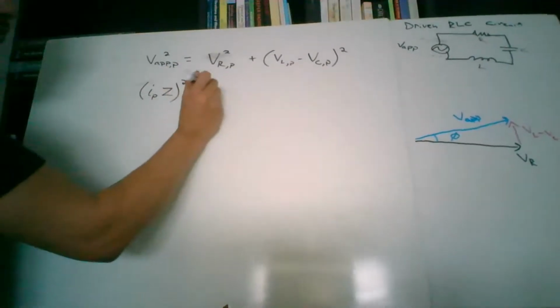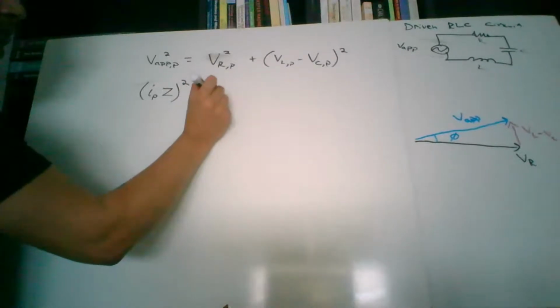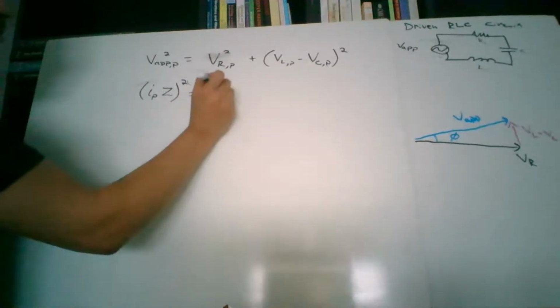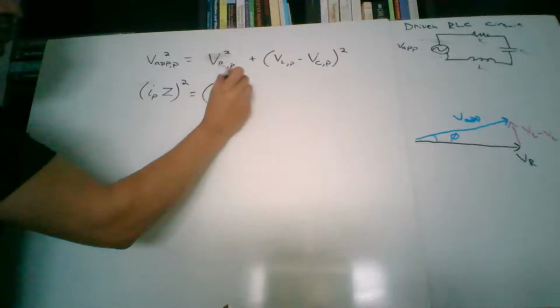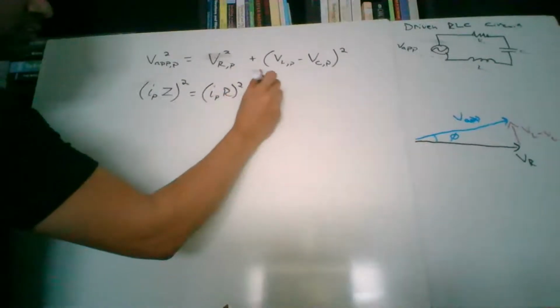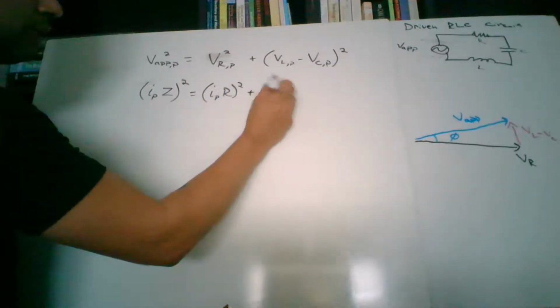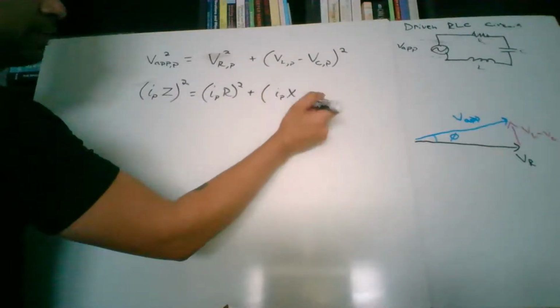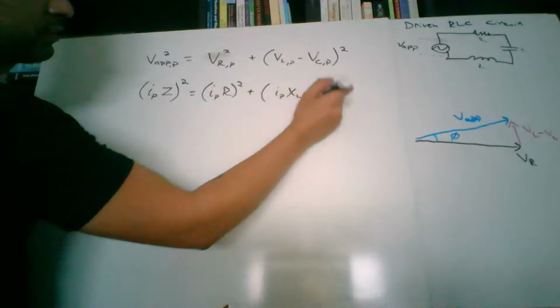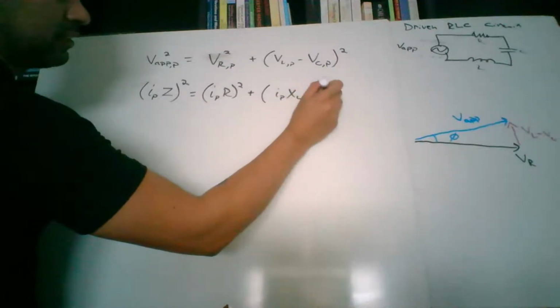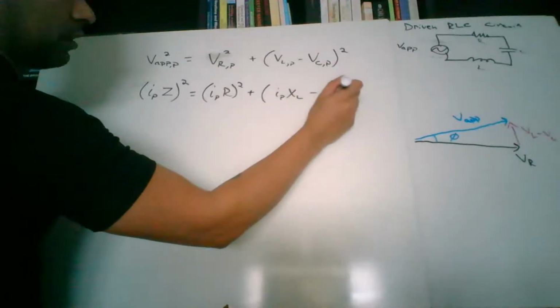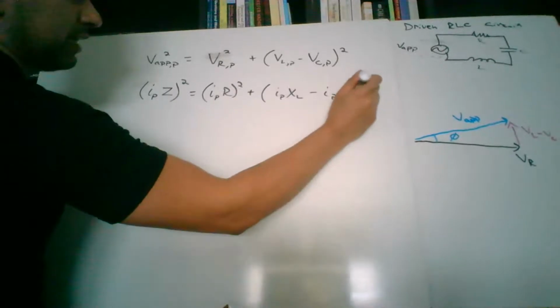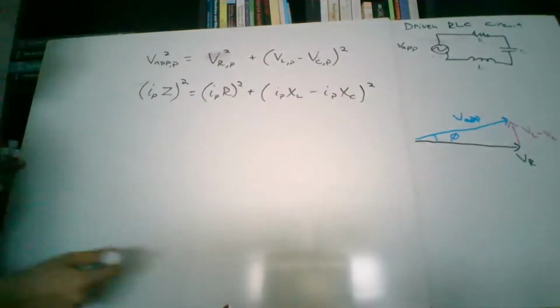And that's going to equal I peak times R squared, plus I peak times the inductive reactance minus I peak times the capacitive reactance, squared.